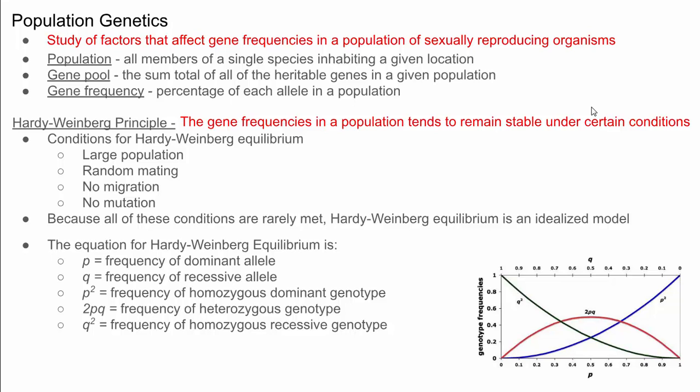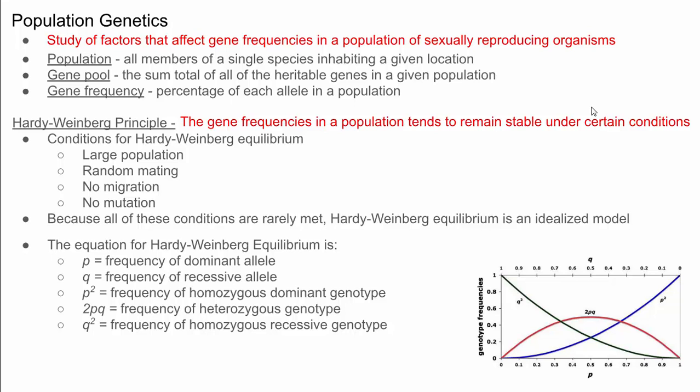But for a population to reach Hardy-Weinberg equilibrium, there are several conditions that must be met. One is that it has to be a large population. With small populations, there can be large changes in gene frequency because there's a very small gene pool.